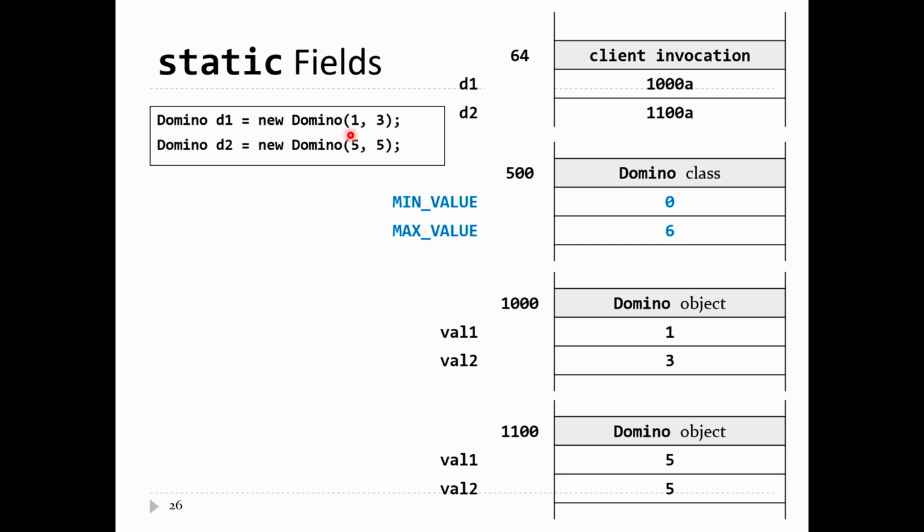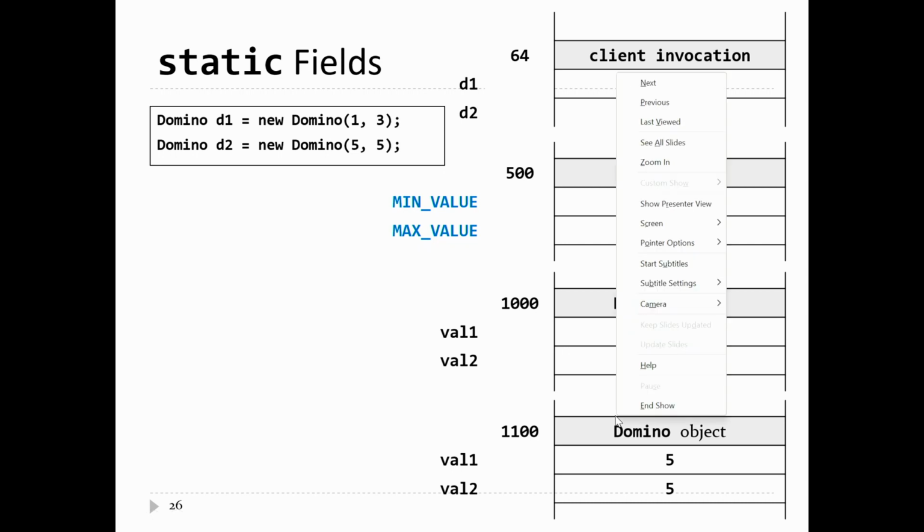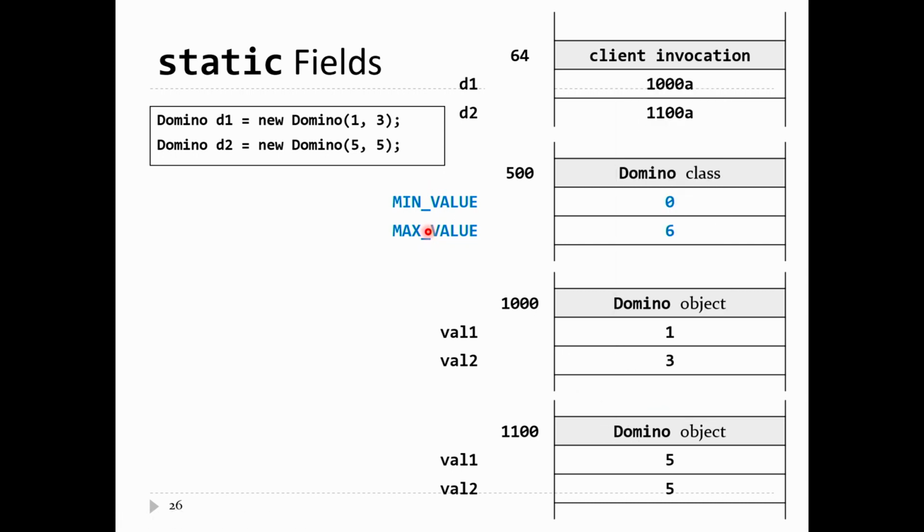We've got two separate Domino objects here, d1 and d2. What's not inside d1 or d2 are the values minValue and maxValue. These are not part of the individual objects. These two fields belong to the class because they're static, so the objects don't get their own copy of minValue and maxValue.